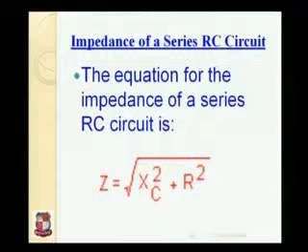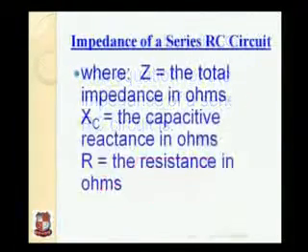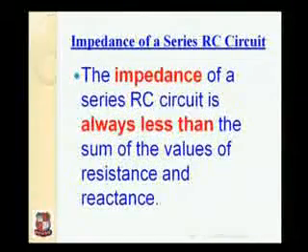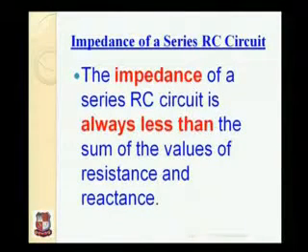For an inductive circuit it is equal to XL square plus R square. Now Z is equal to total impedance in ohms, XC is the capacitive reactance in ohms, and R is the resistance in ohms. The impedance of a series RC circuit is always less than the sum of the values of resistance and reactance, because it is the vector sum, so it is always less than the actual sum.